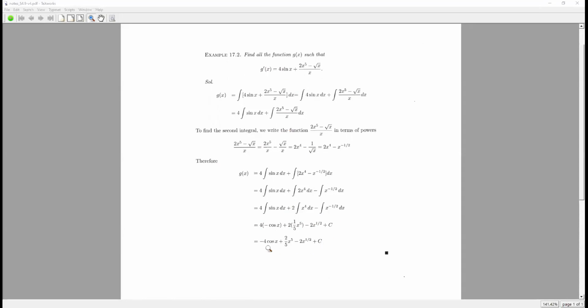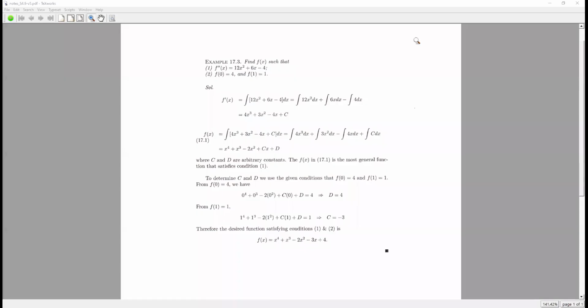So this function essentially is many functions. Example 3. Find a function f that satisfies these two conditions. To answer this question, I first find all the possible functions f that satisfy condition 1.